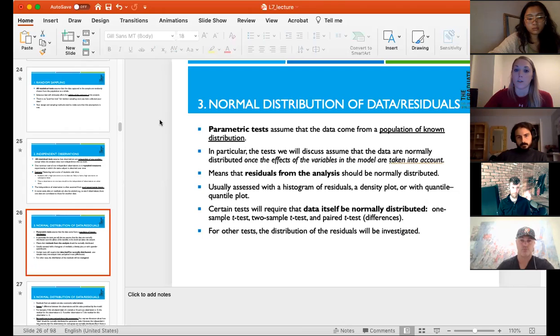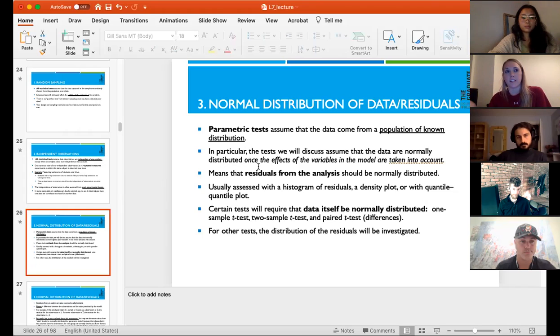So it's always good practice to plot the distribution of your data, but also to plot the residuals from the analysis, which we'll get to once we start talking about t-tests and ANOVAs in the next lecture. It's fine if your data are non-normally distributed, as long as the residuals, or the error terms, are normally distributed.